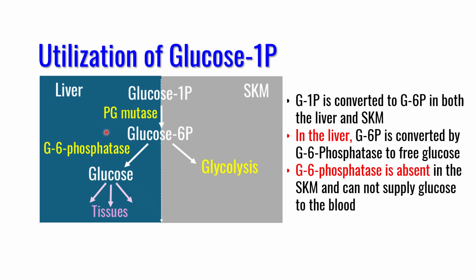Glucose 6-phosphate subsequently is converted into free glucose in liver with the help of glucose 6-phosphatase enzyme, and this is distributed to other body parts or tissues. However, in skeletal muscle, glucose 6-phosphatase enzyme is absent. Therefore, glucose 6-phosphate is directly utilized in the glycolytic pathway for energy needs, and skeletal muscle therefore cannot contribute to blood glucose level.